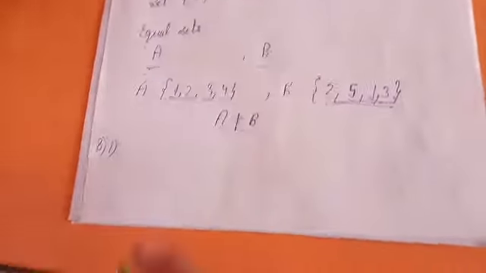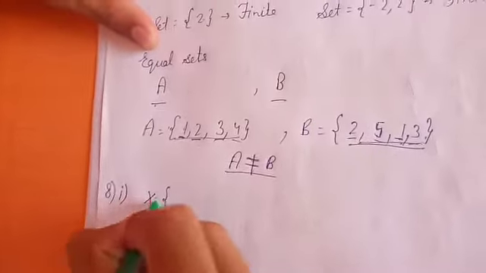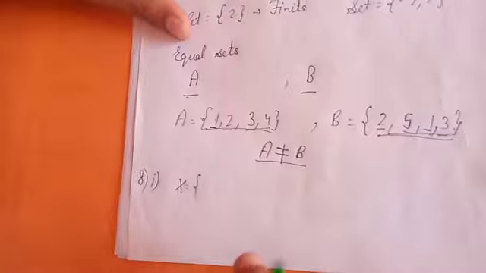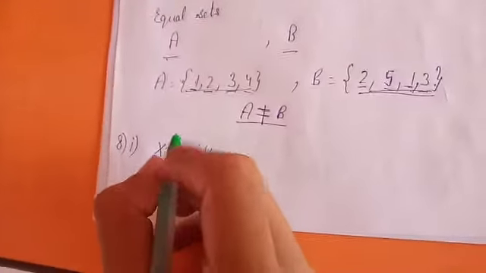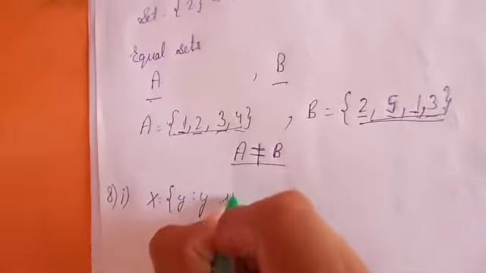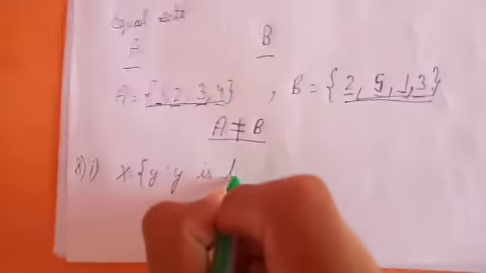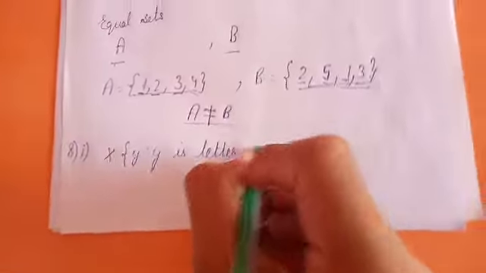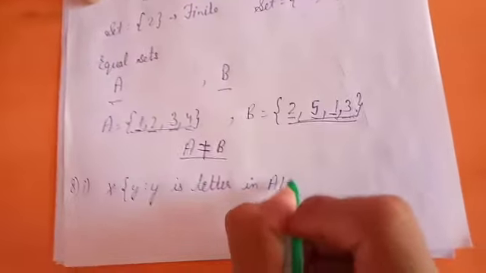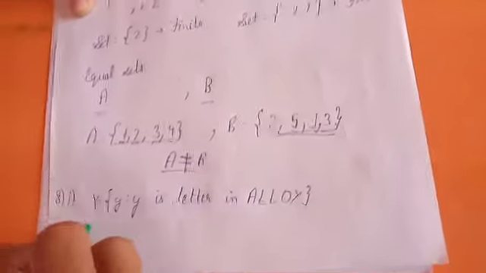Means they have given a set X. If I write this in set builder form, how would I write it? y is a letter in ALLOY. Alloy is any word given to us.